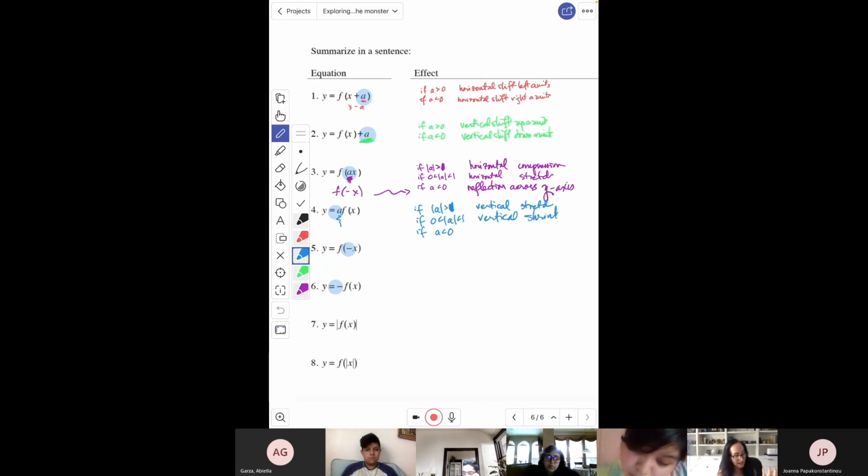And if I'm negating my y values, if my y values are positive, they become negative. If my y values are negative, they become positive. So what's happening to the graph of the parent if A is negative? It reflects across the x-axis, I think. Beautiful. Excellent.